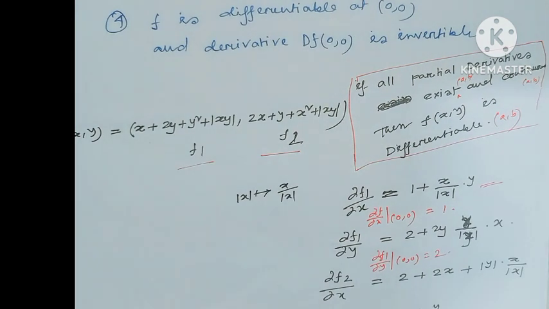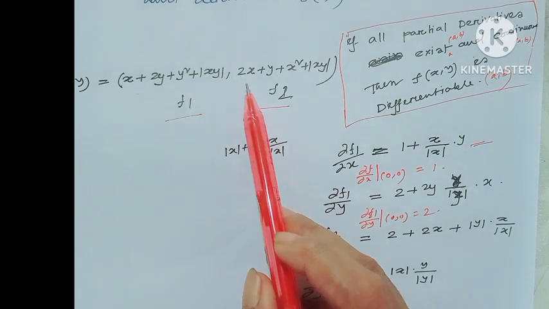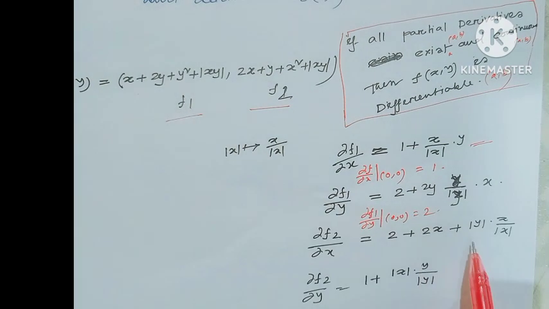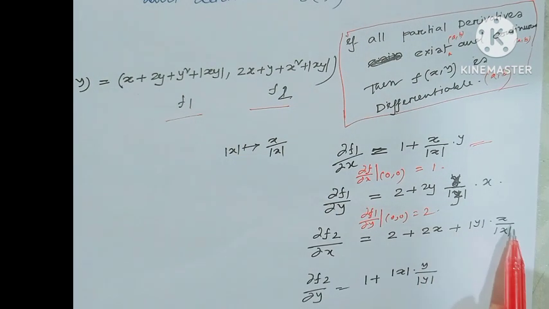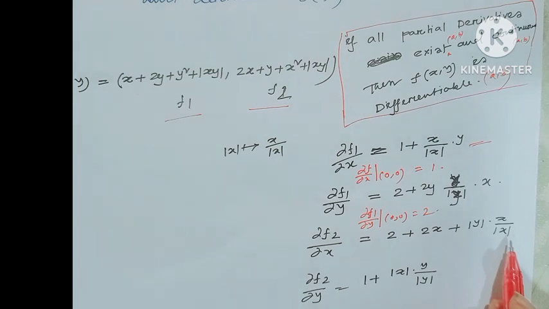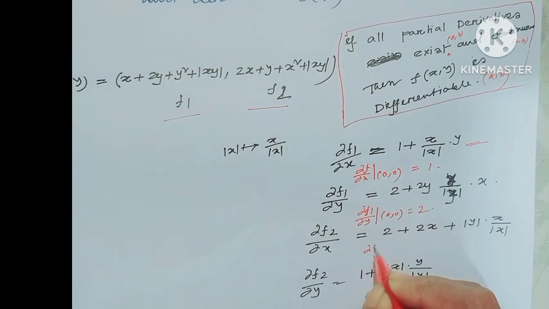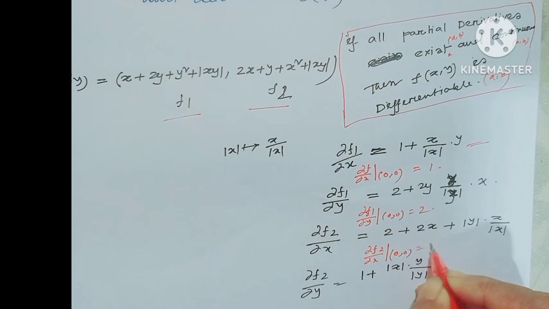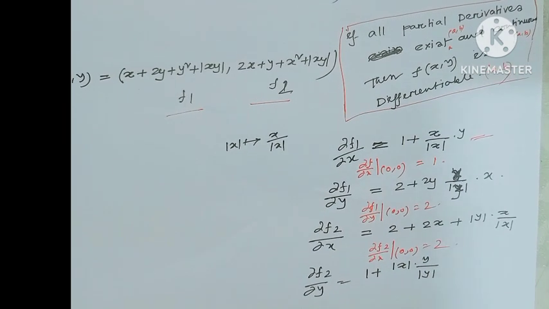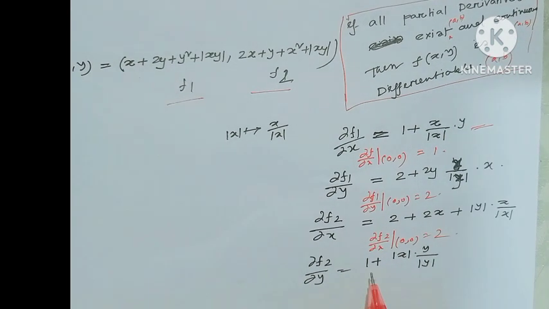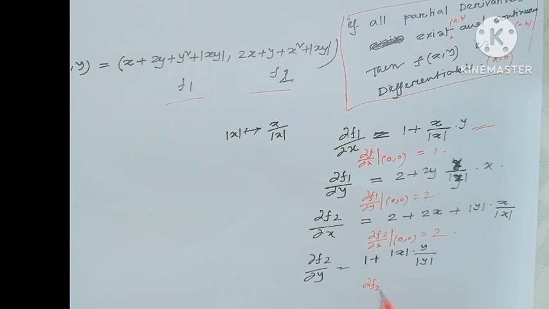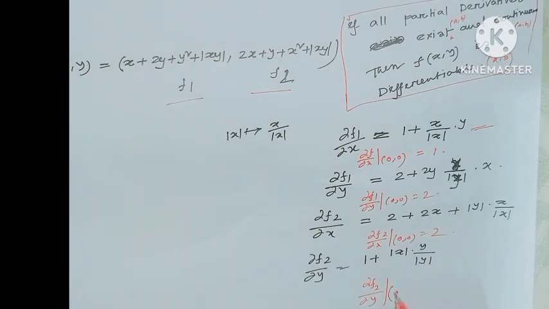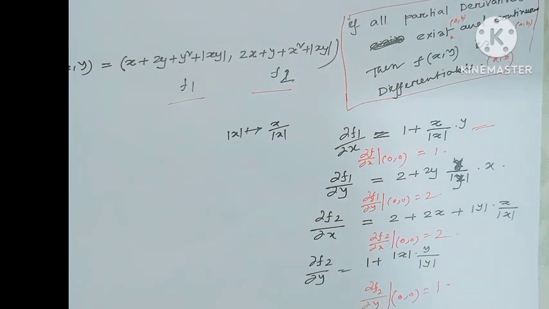Del f2 del x is 2 plus 2x plus y times x modulus x divided by mod x, and this value del f2 del x at the point (0,0) is 2, and del f2 del y at the point (0,0) is 1.